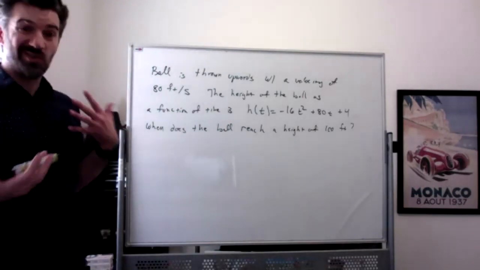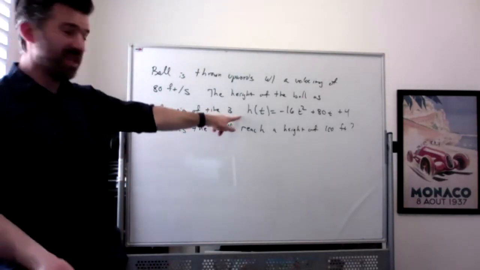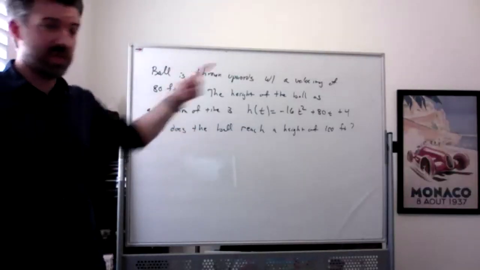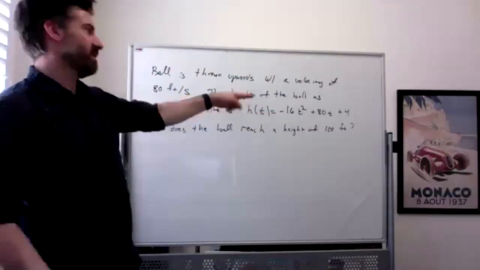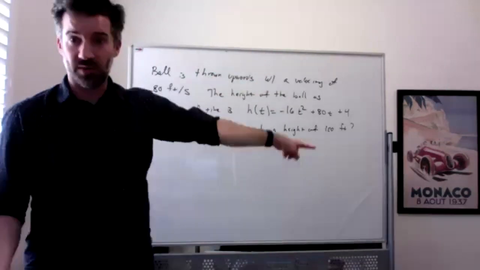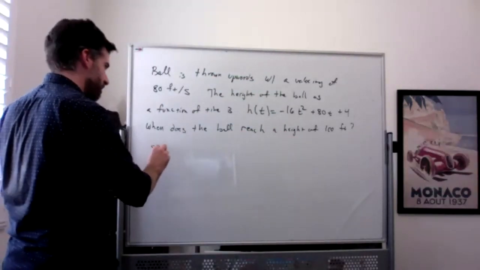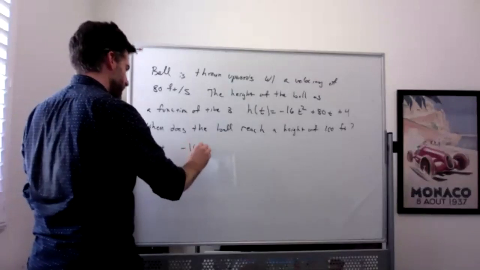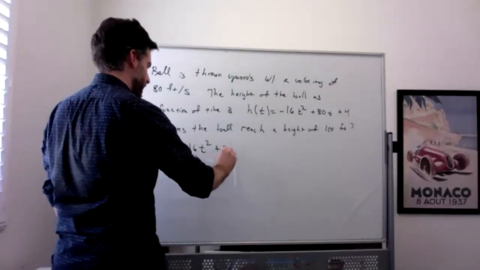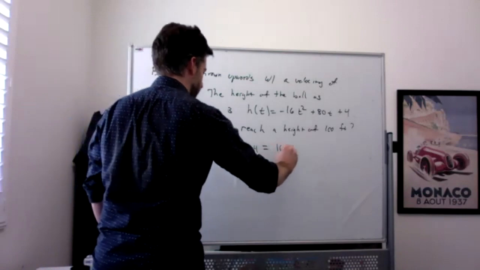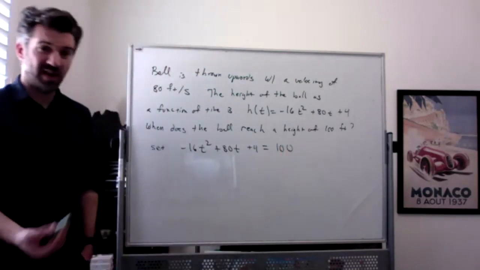So what we're going to do, if we're given the equation for height, and we're asking what time it is when the ball reaches a certain height, we're going to set our equation for height equal to that height. So I'm going to set negative 16t squared plus 80t plus 4 equal to 100. And then I'm going to try and solve for time.